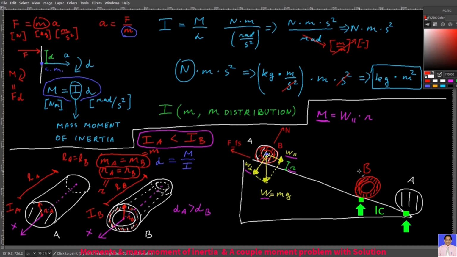However, it doesn't change the fact that the hollow cylinder still has more mass moment of inertia, even with respect to this IC point, compared to the other cylinder that is not hollow. More on that in Dynamics Part 2.